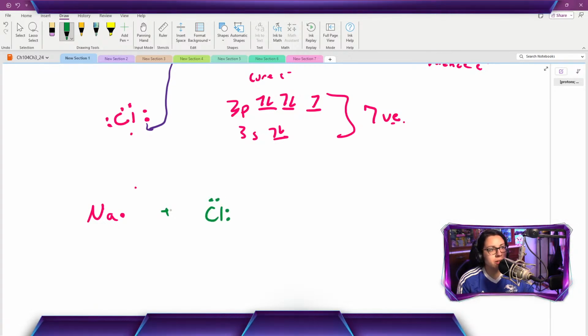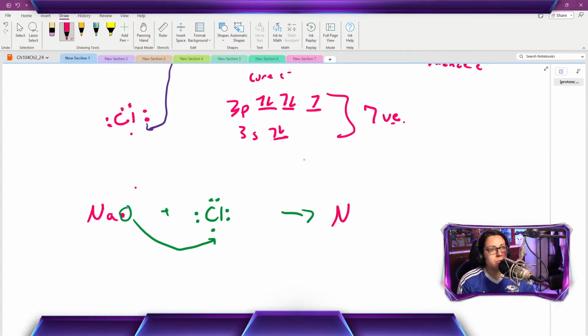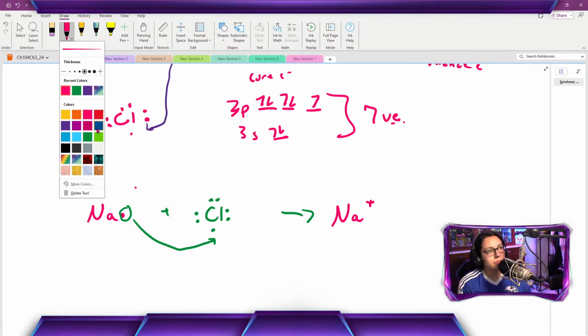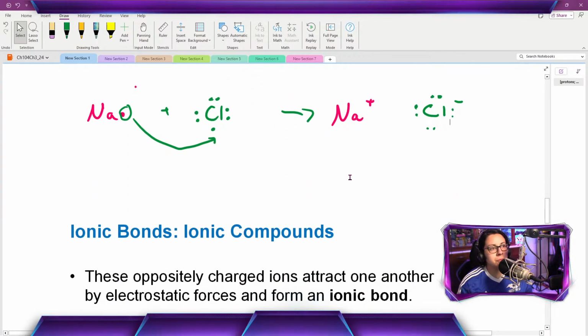I'm just rewriting our Lewis dot structure and showing how our electron is going to be given up. That leaves us with sodium plus, and our chlorine is negative, and we want to draw in all those electrons. Now we can say that both are satisfied by the octet rule.